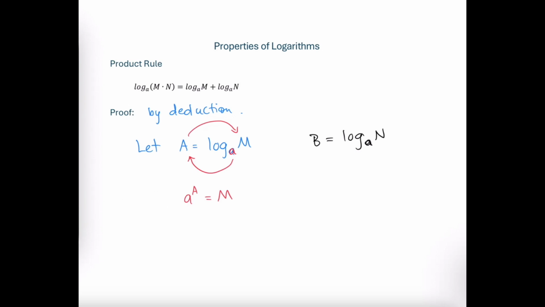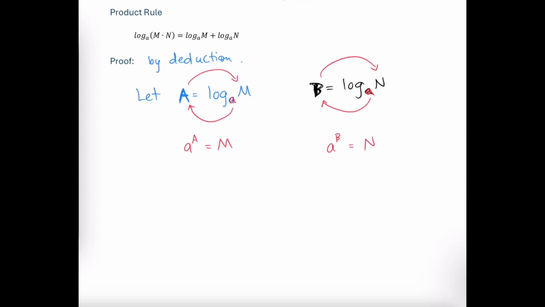Additionally, we also get a free substitution with this second declaration where lowercase a, which is the base, raised to the power cap B is going to be equal to the argument of the logarithm. So we started off with something with the intention of making it a little bit simpler, so we're letting cap A and cap B be equal to these logarithms, and then as a result we got these secondary substitutions as well. So let's start the proof by deduction.